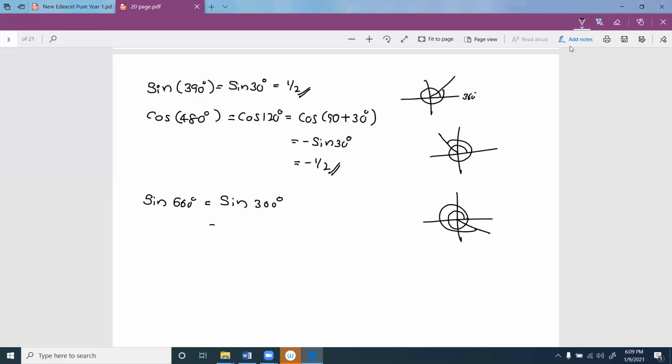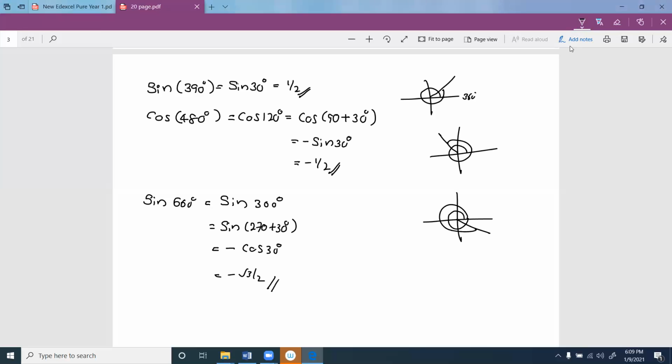Sine 300 you can write as sine 270 plus 30. Sine 270 plus theta is minus cos 30, and minus cos 30 is minus root 3 over 2. So if you put sine 660, you get minus root 3 over 2. That's how you get it.